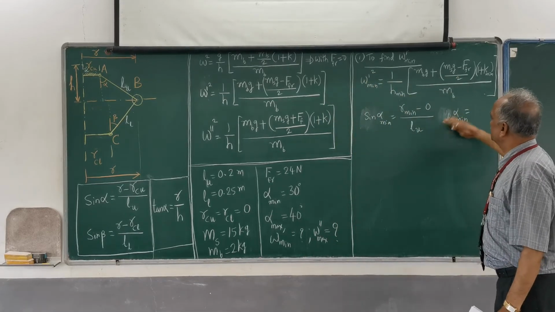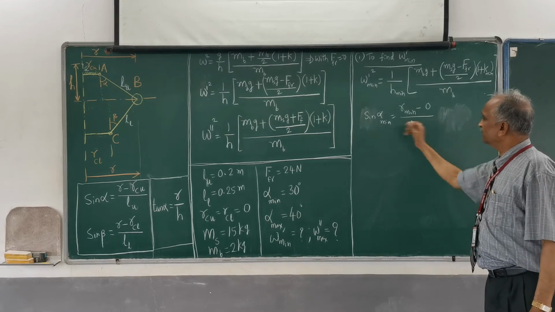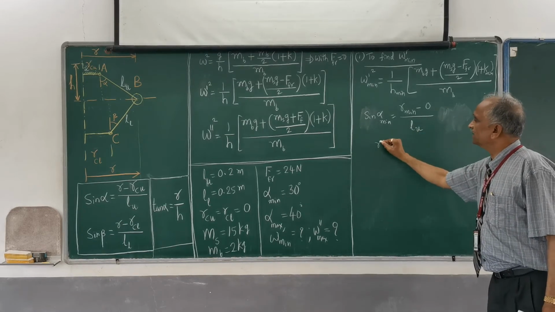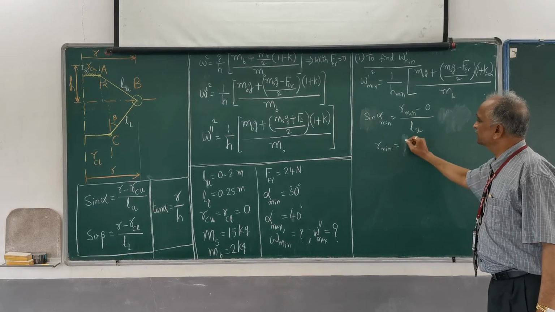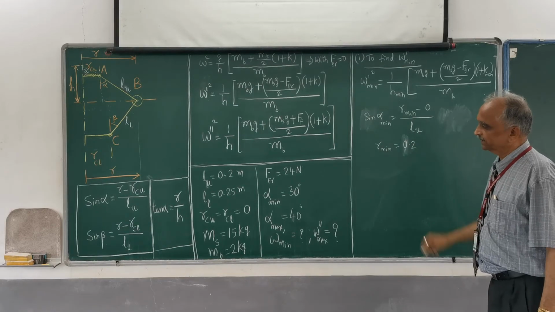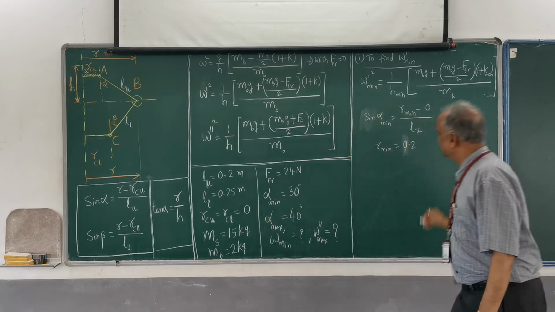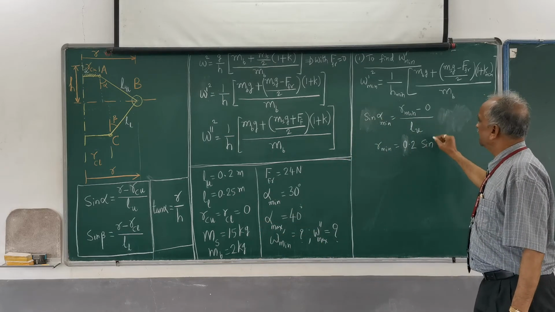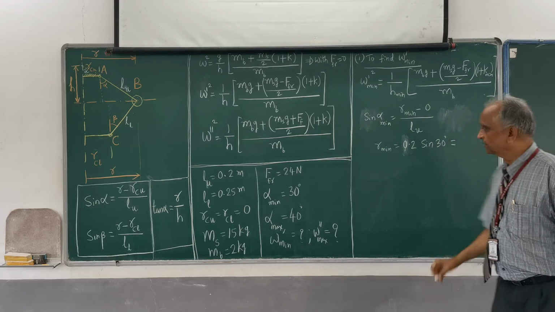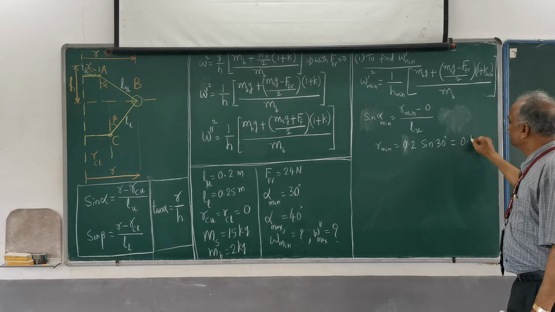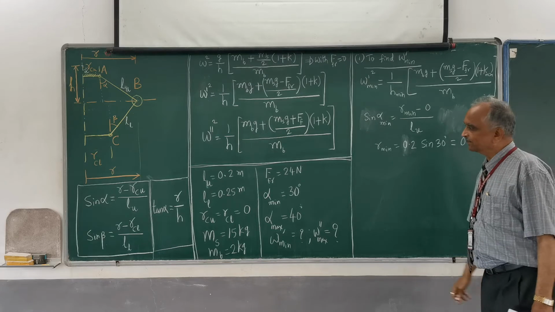Or otherwise R minimum is equal to Lu, which is 0.2, into sin of alpha minimum, which is 30 degrees. That is 0.1 meter. So this is R minimum.